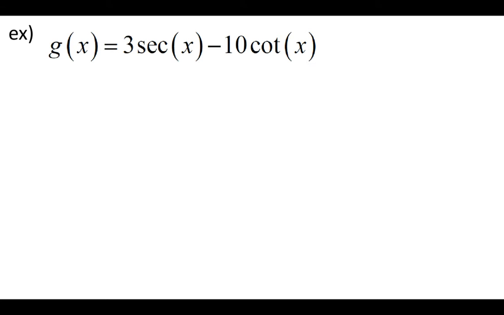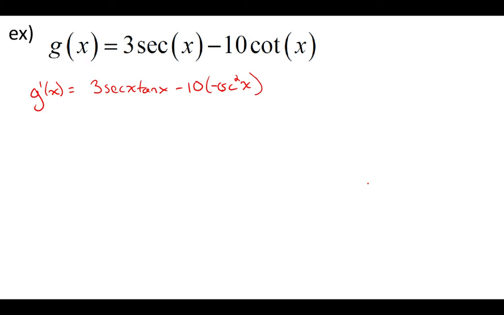We've got g of x is 3 secant x minus 10 cotan x. So we're going to write this as g prime of x equals 3, which again just hangs out in front. The derivative of secant x is secant x tan x. So 3 secant x tan x minus 10 times the derivative of cotangent, which is minus cosecant squared. So this becomes negative 10 times minus cosecant squared x.